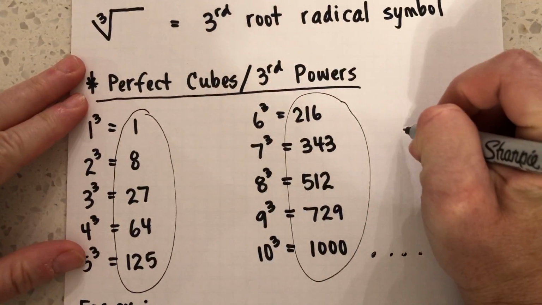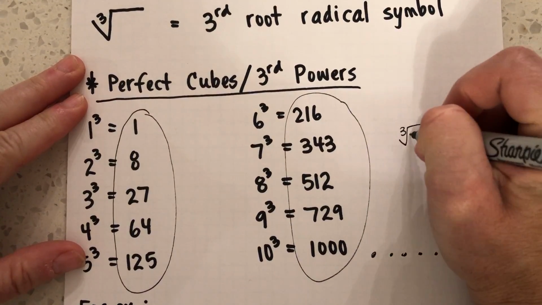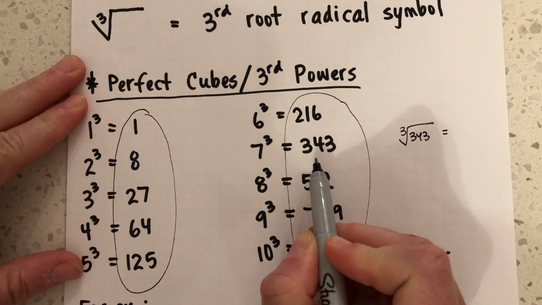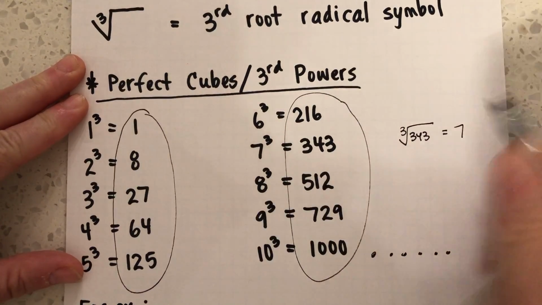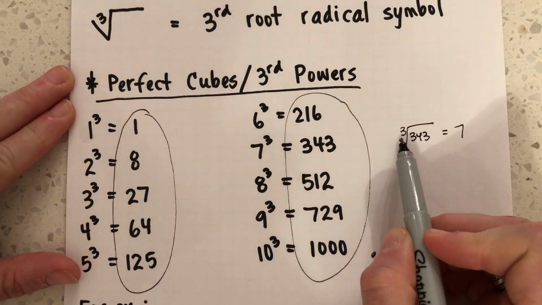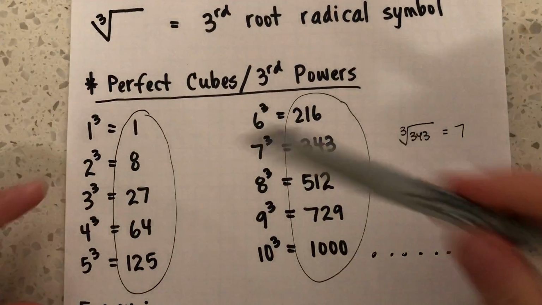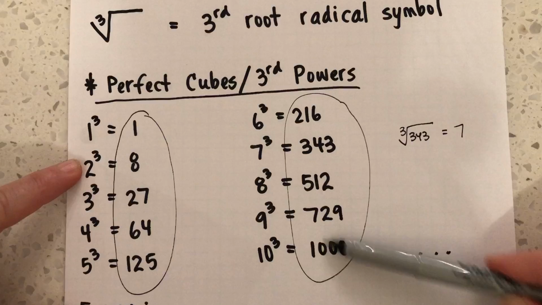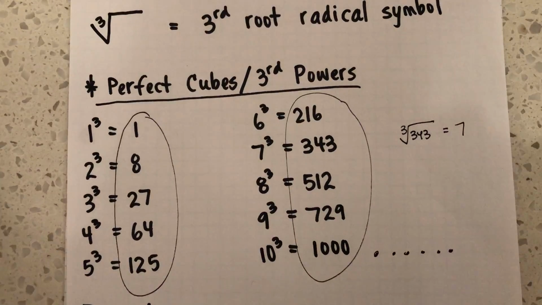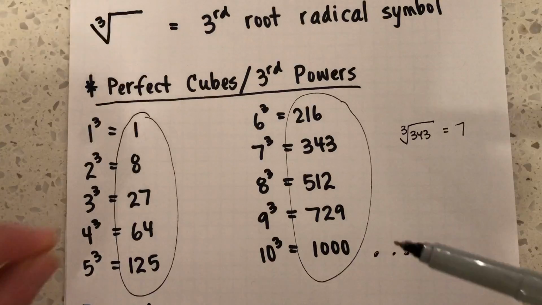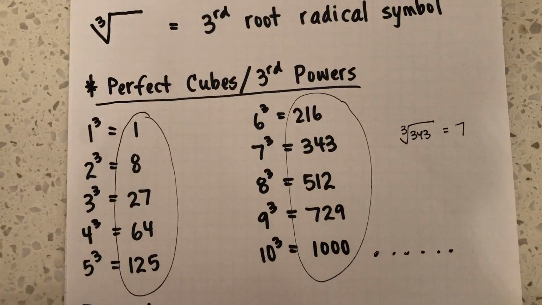If I asked you, what's the third root of 343? The third root of 343 is 7. It's what number you times by itself 3 times to equal 343. These will be the magic numbers that you'll want to use when you simplify a third root radical, because these are the numbers that you can take a third root of and get a whole number back.